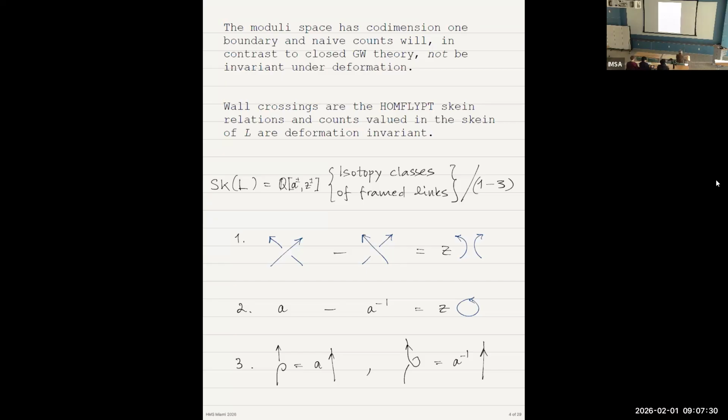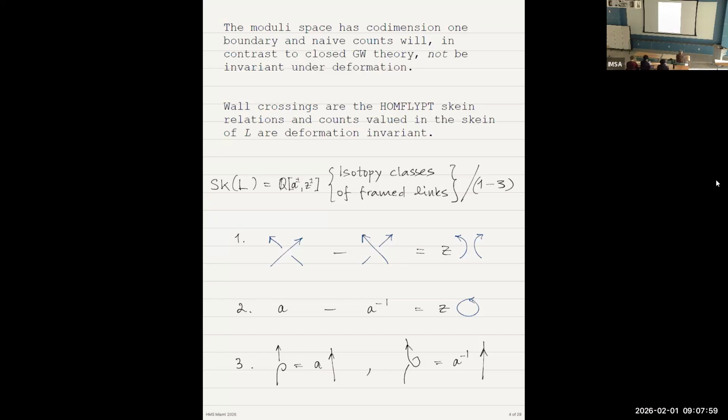What is intended to be shown here is that you see a little piece of the link inside the ball, and outside it does whatever it wants. So in the first equation, you see three links which are different only in this little ball. And we introduce the relation that the difference of the over and the under crossing is equal to this Z variable times the splicing. So this is the first skein relation.